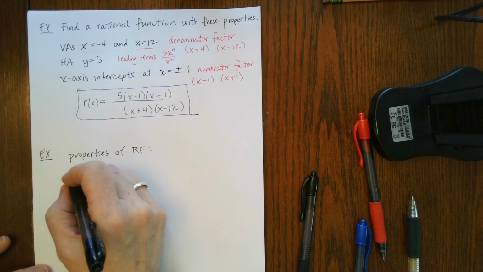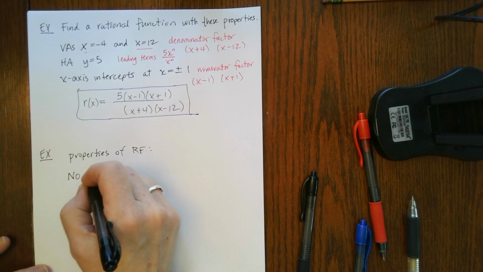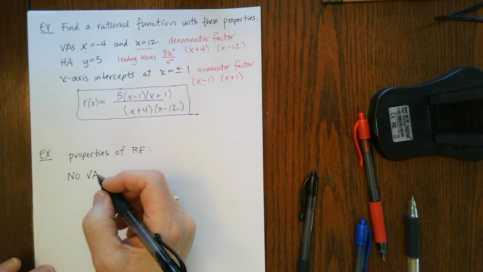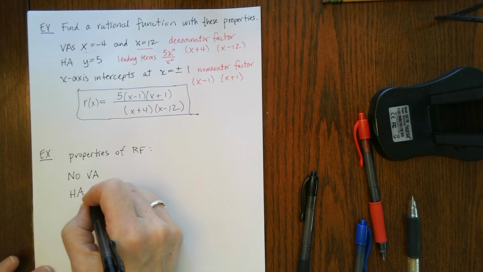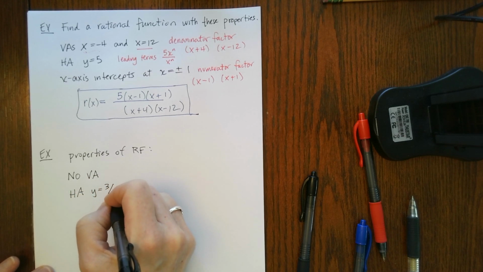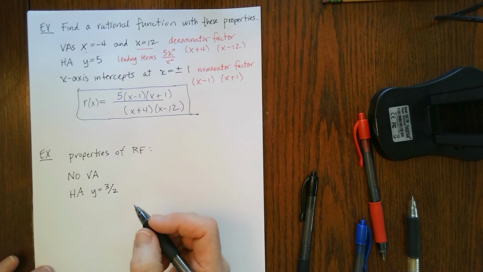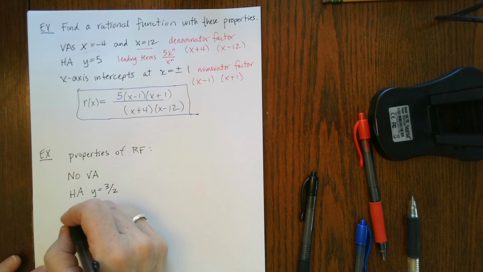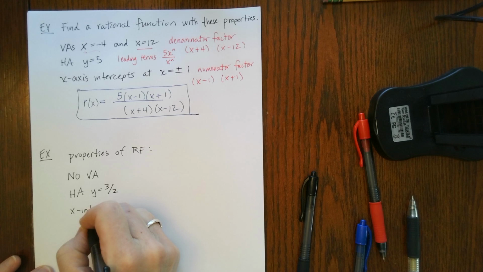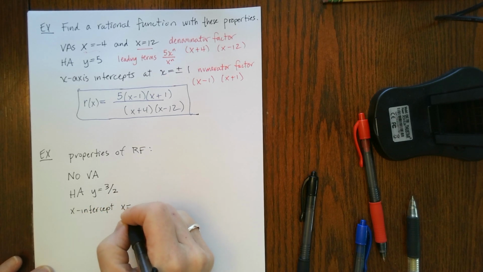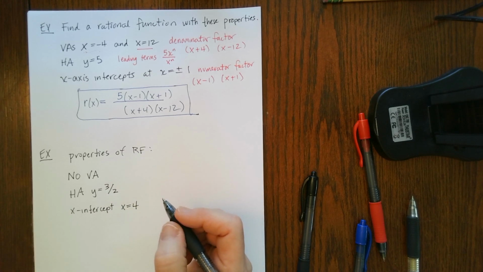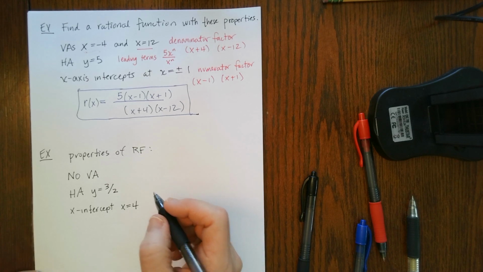Okay, so suppose that this one has no vertical asymptotes, and let's say that it has a horizontal asymptote at y equals 3/2, and then let's say that there is an x-intercept for x equals 4, and let's say that the function bounces at that intercept.